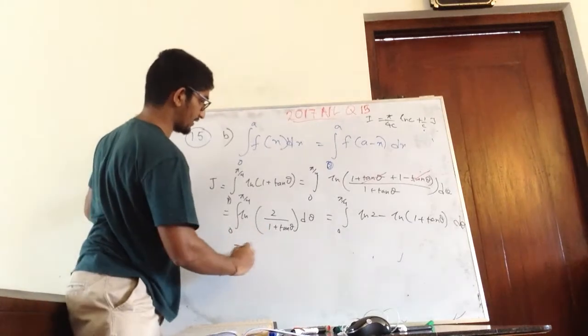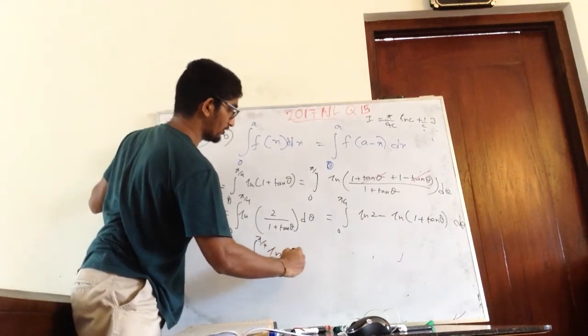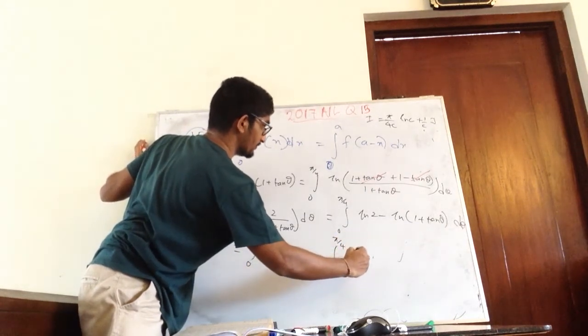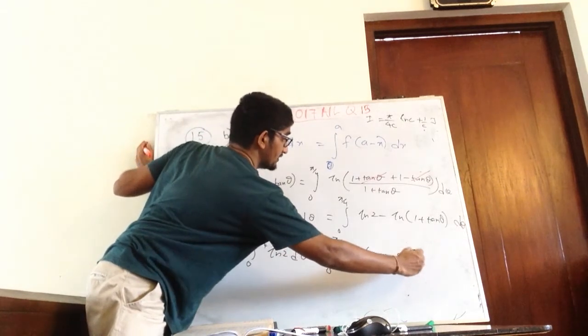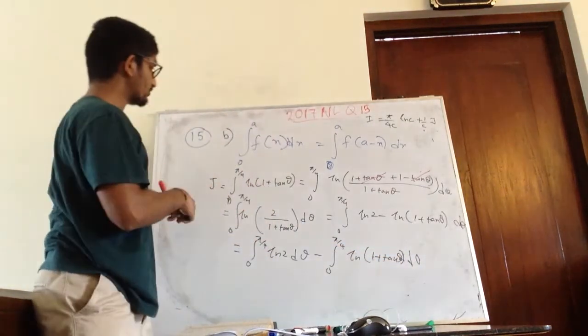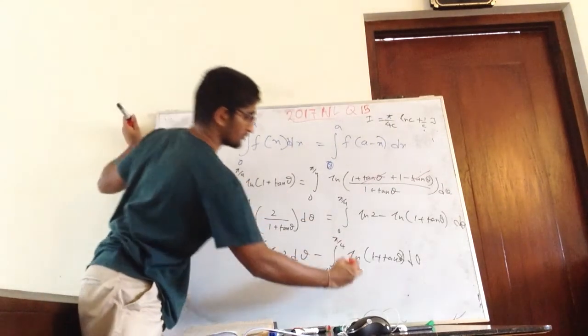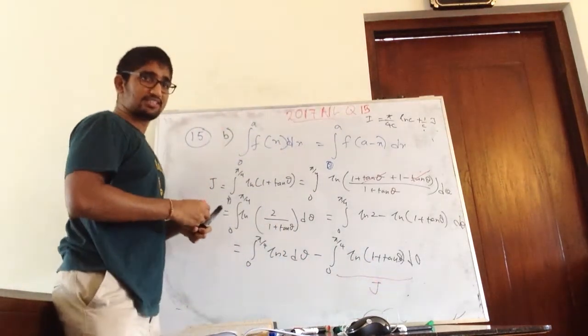So here I can get 0 to phi over 4 ln 2 d theta minus 0 to phi over 4 ln 1 plus tan theta d theta. Right, so if you check this out, this is j, no? Correct? So now this is j.